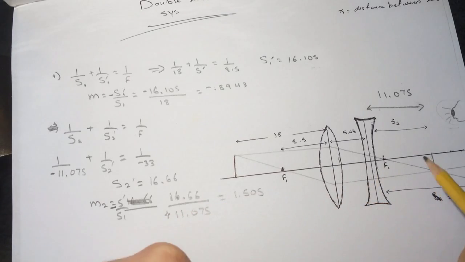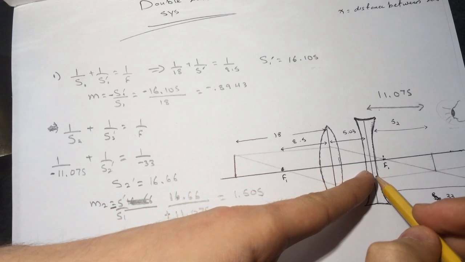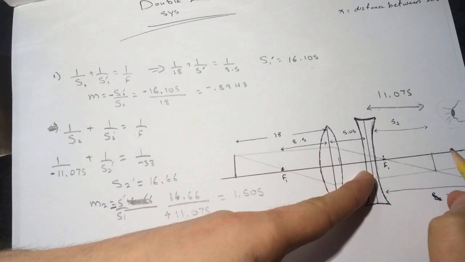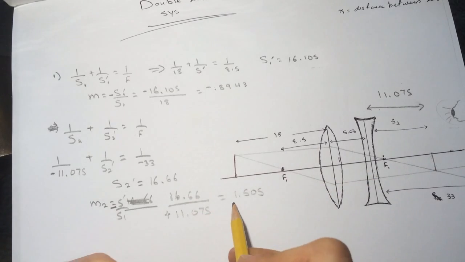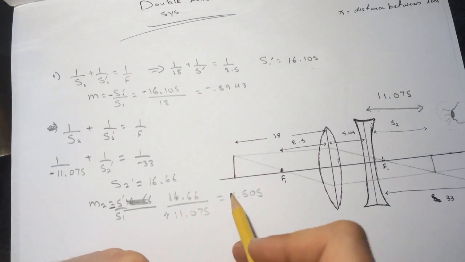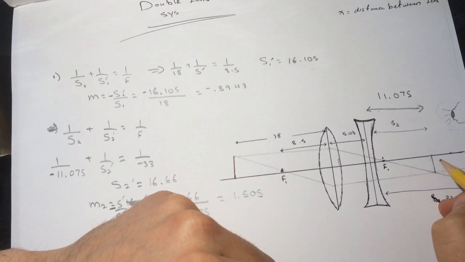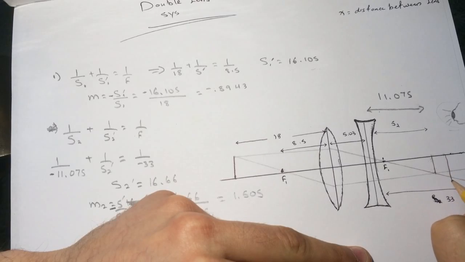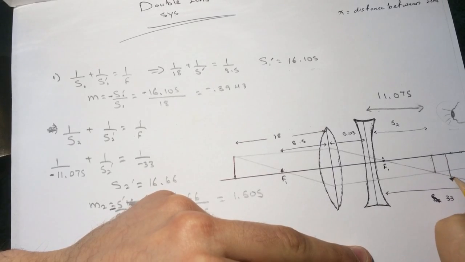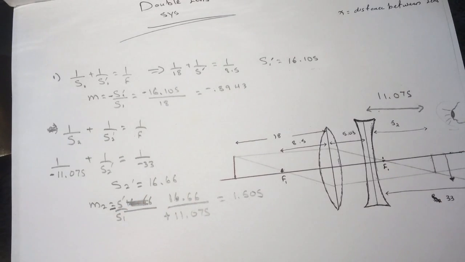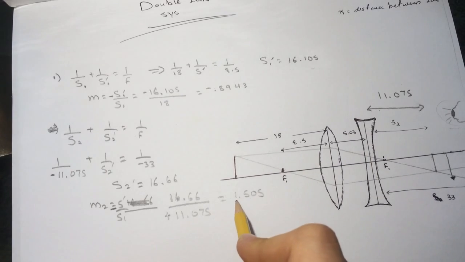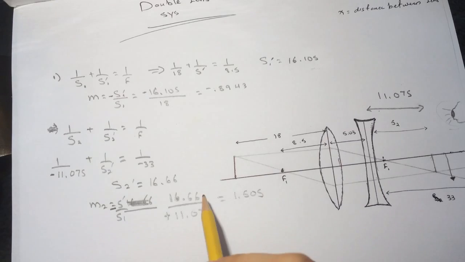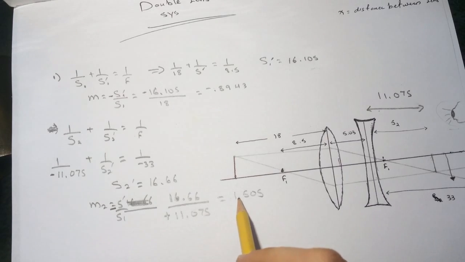And since the magnification is 1.505 and positive, the final image is going to be the same orientation as this one, but it's going to be somewhere here. It's bigger, and we know it's on the right side because it was magnified, it was getting bigger, and it was positive.